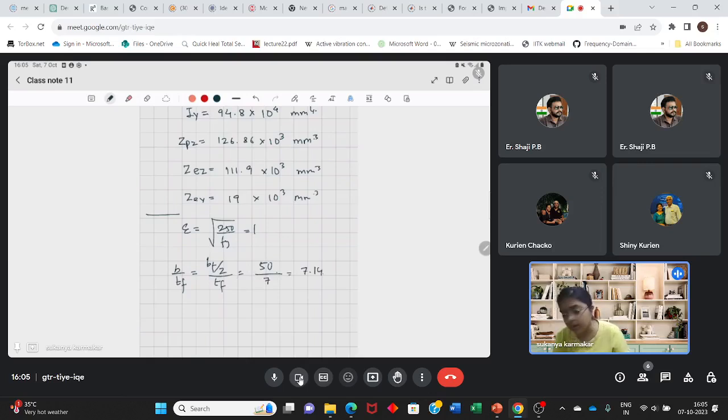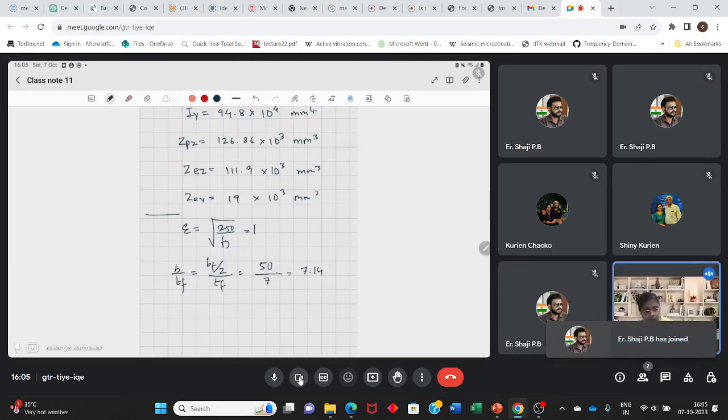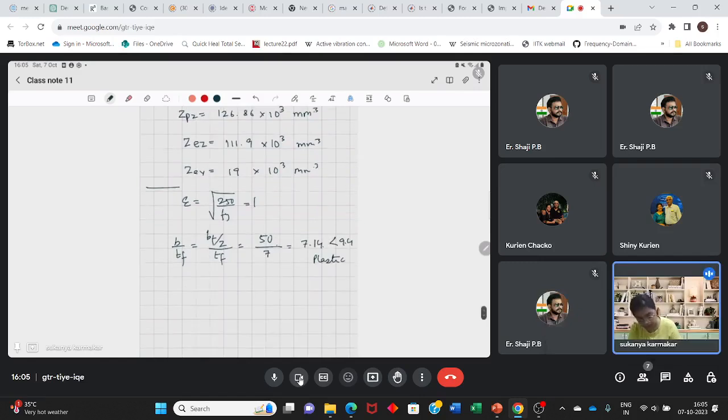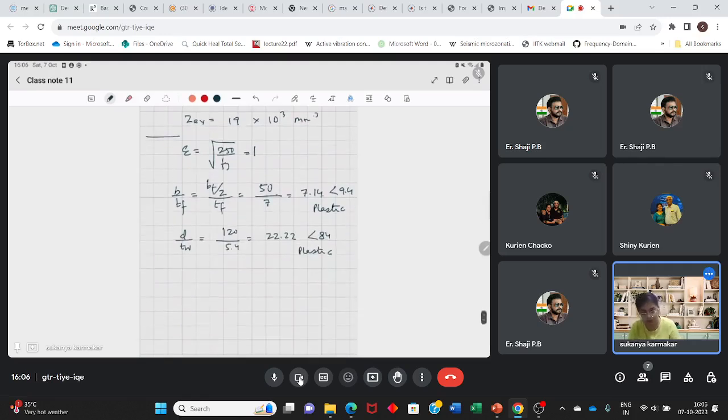And we know that the limiting value for a plastic section is 9.4. So it's less than 9.4, meaning that the flange is plastic. Then we need to check it for web as well. d by tw, d is 120, tw is 5.4, which comes out to be 22.22, which again is less than 84. So it is plastic. So the overall section is plastic.